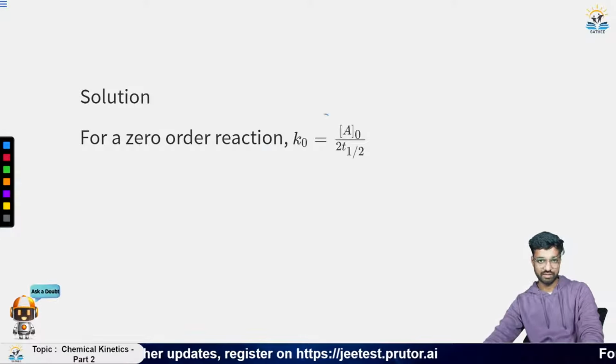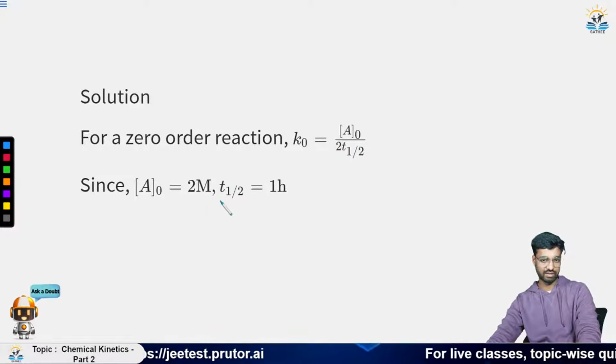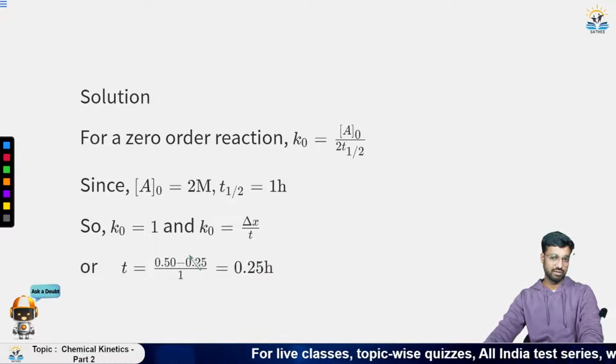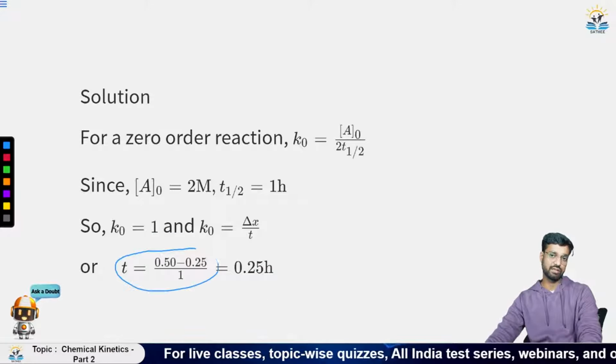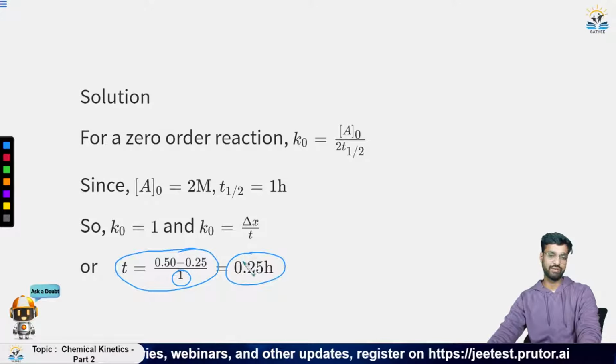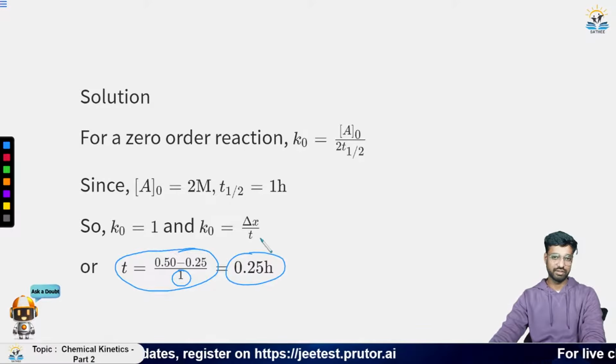For a zero order reaction we can write t half like this. Now these values are given, so it will be 1. If you take this value of k equal to 1 and put it in the final integrated rate law of zero order reaction, then it will be (0.5 minus 0.25) by 1, that will be 0.25 hour. So this was the formulation of this question.